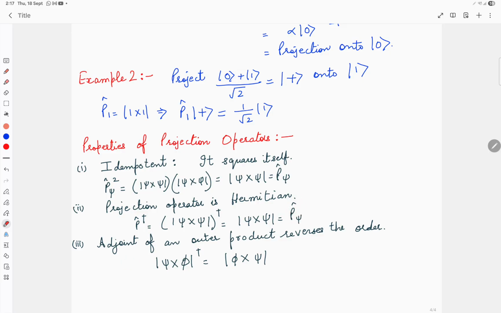If you take the adjoint of an outer product between two quantum states, it reverses the order. If you take the outer product of psi and phi and take the adjoint, you will get ket phi and bra psi, whereas earlier it was ket psi and bra phi.